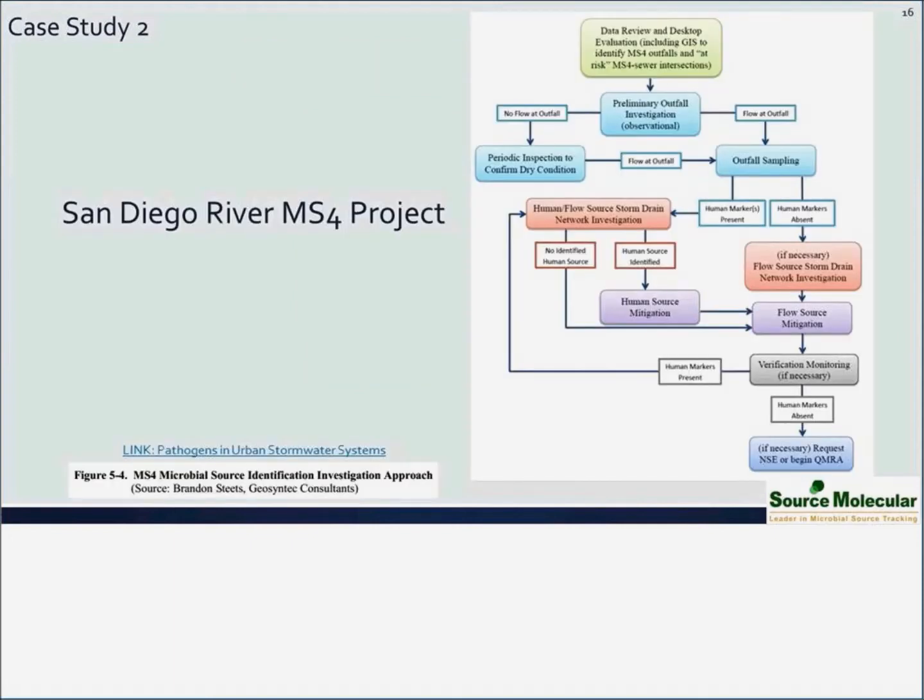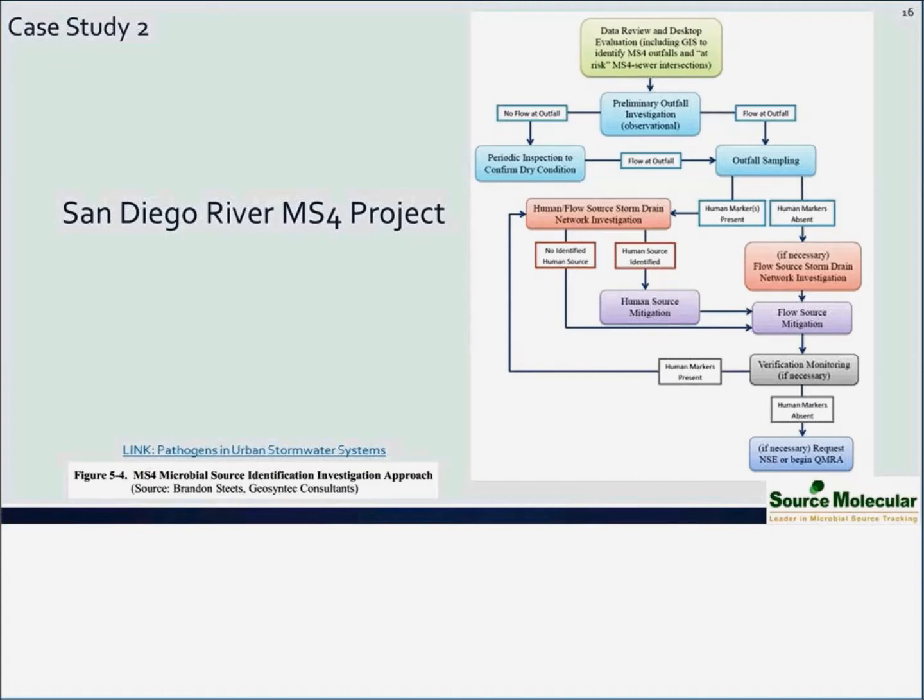So the next case study is a project that we did along with Geosynthetic in the San Diego River for their MS4 permit. And so this schematic here kind of outlines the flow of how source tracking can be applied on MS4 projects.